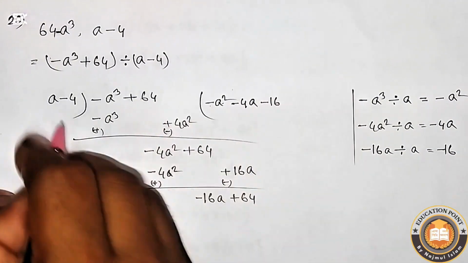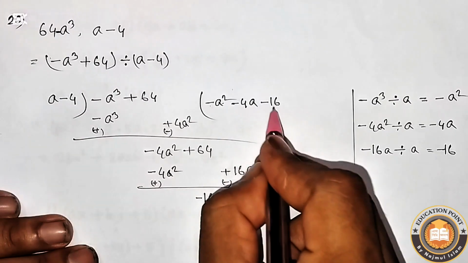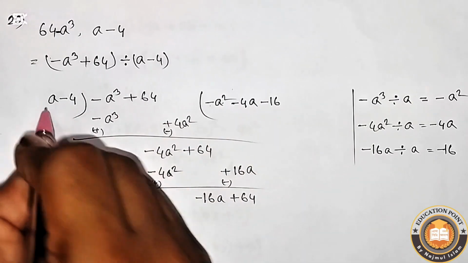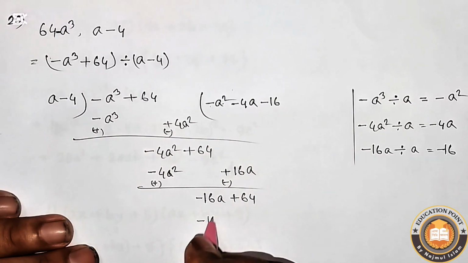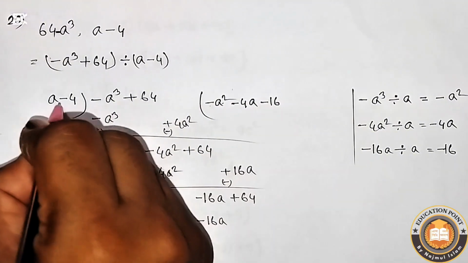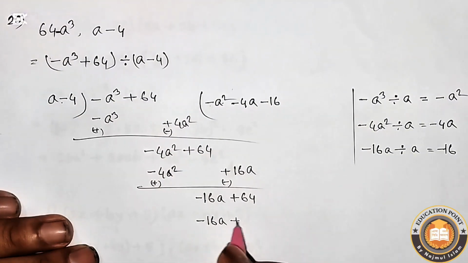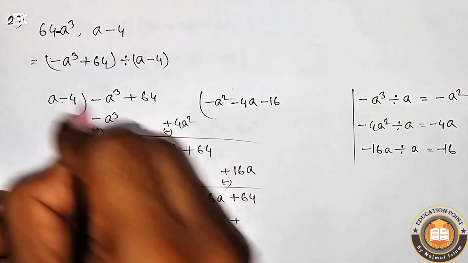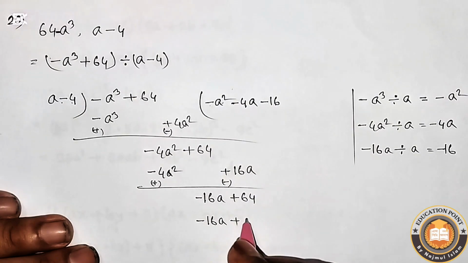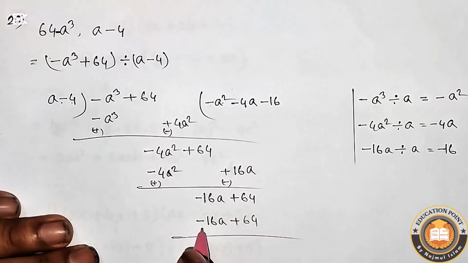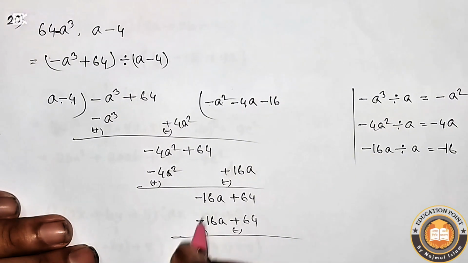Now minus 16 multiplied with a minus 4. At first minus 16 multiplied with a, that means minus 16a. Minus multiplied by minus equals plus 16 multiplied with 4, 16 times 4 is 64.